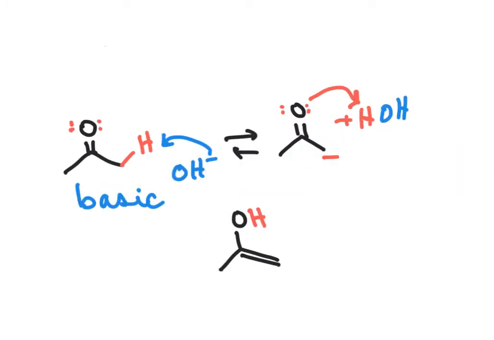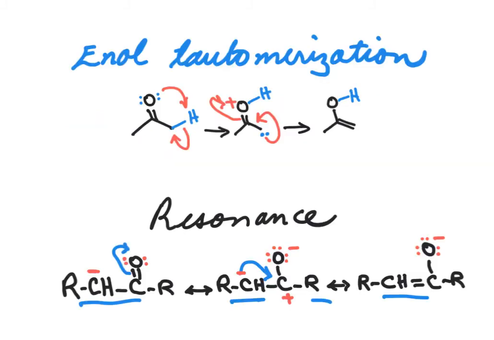The formation of the enol is also catalyzed by a base. In this example, the alpha hydrogen will be deprotonated by the base. Once we have created a carbanion, a molecule of water that is formed protonates the oxygen, and that will trigger the formation of the enol.